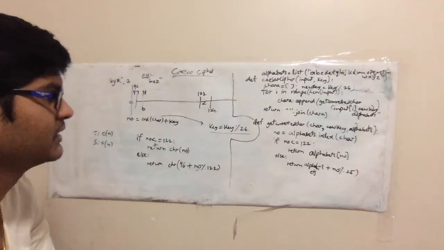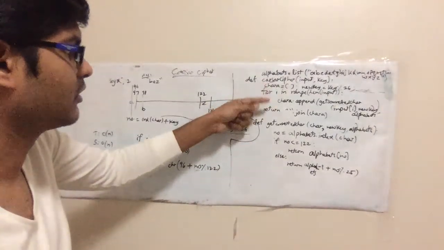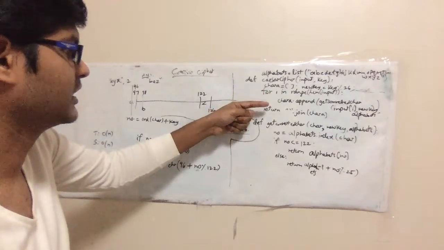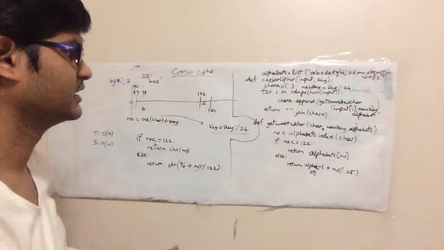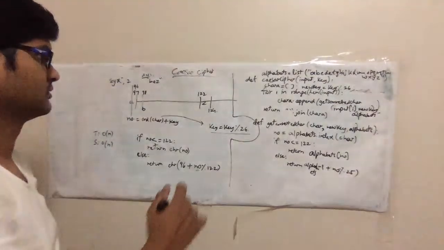Okay, I think that's it. So this executes in big O of n time, and we are just creating a new alphabet string, so it is big O of n space complexity too. Okay, that's it.